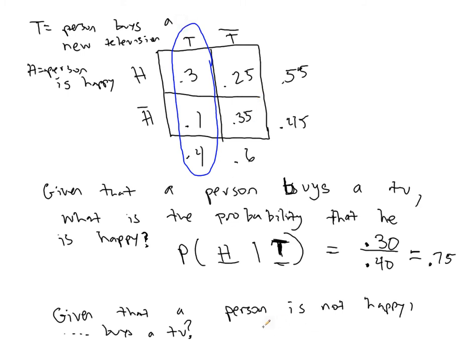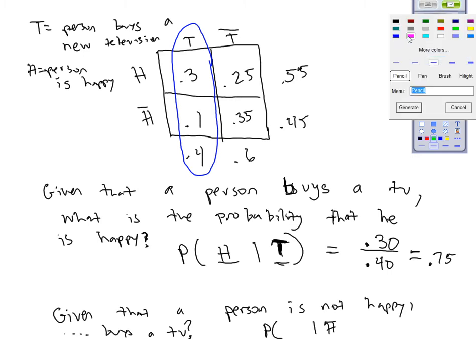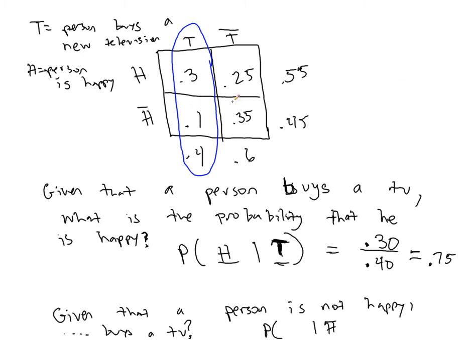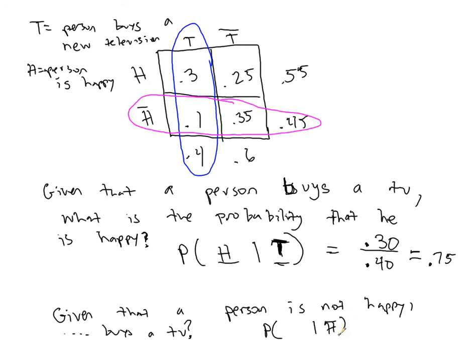So given that a person is not happy, where is that person in this table? Well, the not happy person is in the, we'll change colors here, not H row. So right now we're focusing on this one here. Given that you're in that row, what's the probability that you buy a TV? Maybe we want to understand, hey, if people aren't happy, will they go out and buy a TV? Well, the probability that you do buy a TV is 10%.